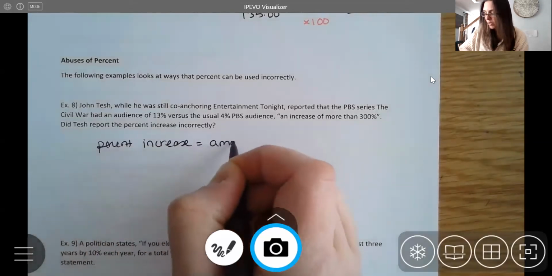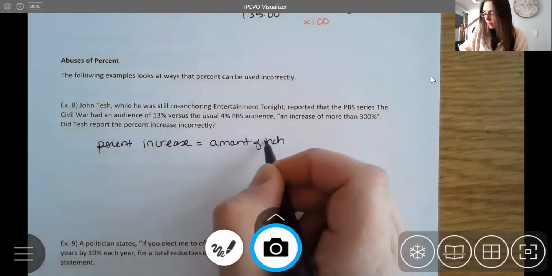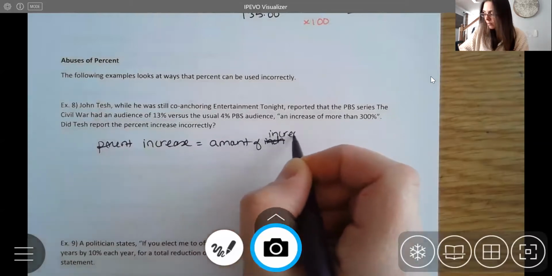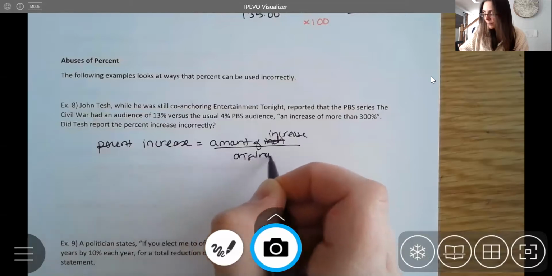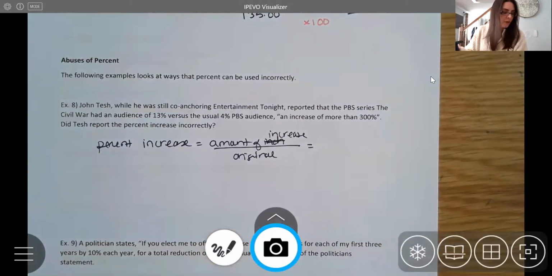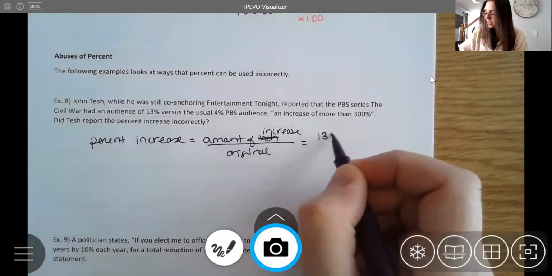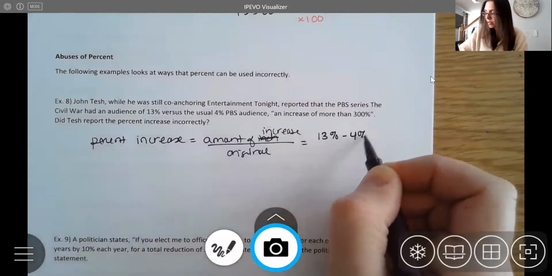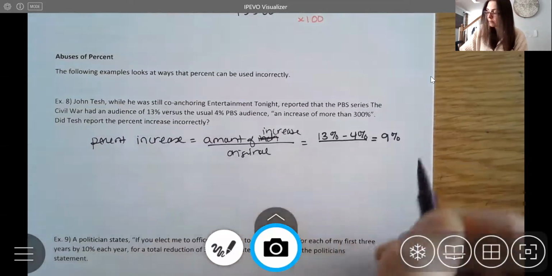So our percent increase is the amount of increase, again, which is the change, over the original. Now, it gets kind of weird doing this when you have percents already, but we're still going to follow the same procedure. So the amount of increase, well, we had 13% and we started at 4% normally. So that's a change of 9%.